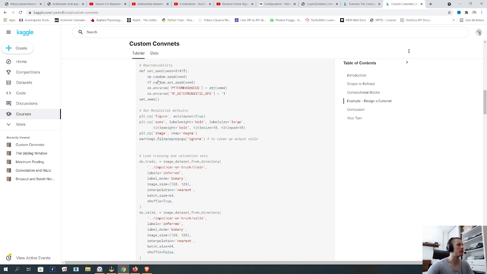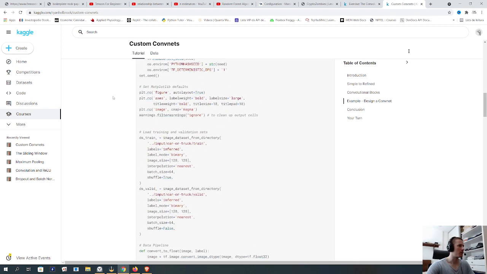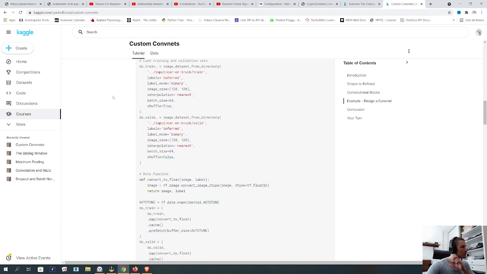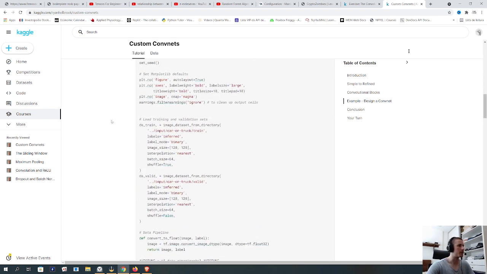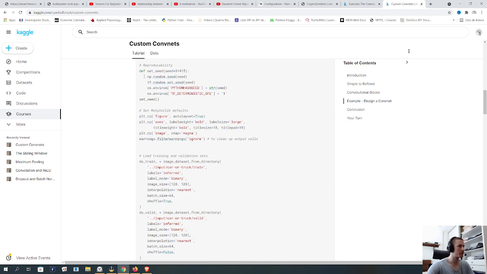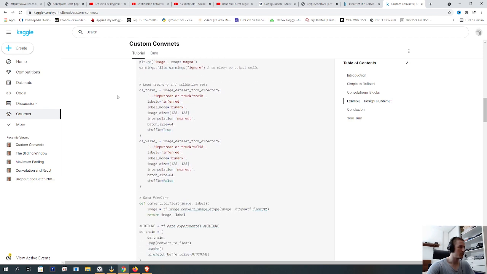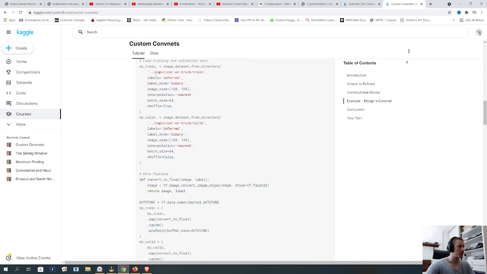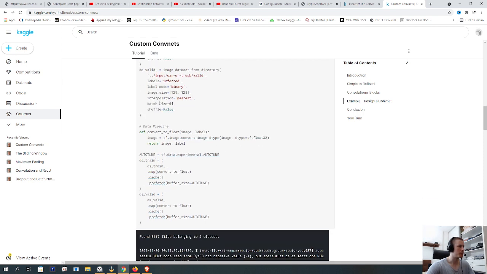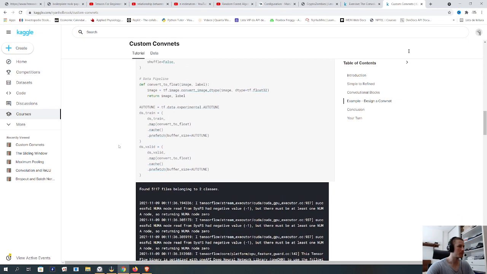I'm not sure if this explains the training and validation split randomly. They didn't explain this as well, and I haven't seen this exact function in the other tutorials. Then it separates the images for training and validation with the batch sizes and converts them to float in this function.